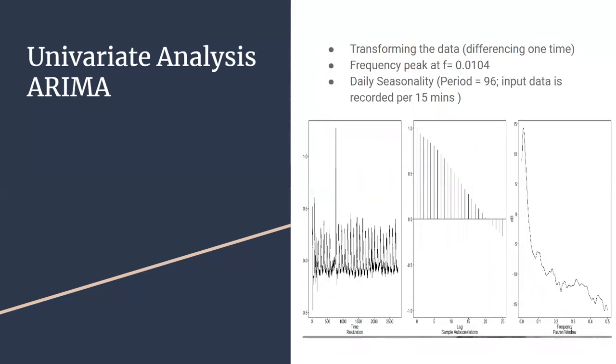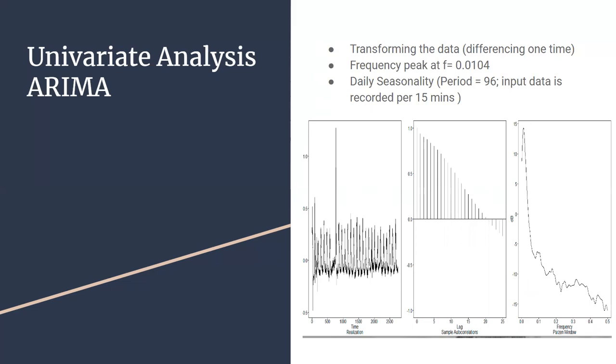After further univariate analysis, looking at the data, I went ahead and applied the first difference transform. I looked at the data set and found a seasonality factor by observing the frequency peak of 0.0104, which corresponds to a period of 96, which is actually in line with the data computed every 15 minutes.